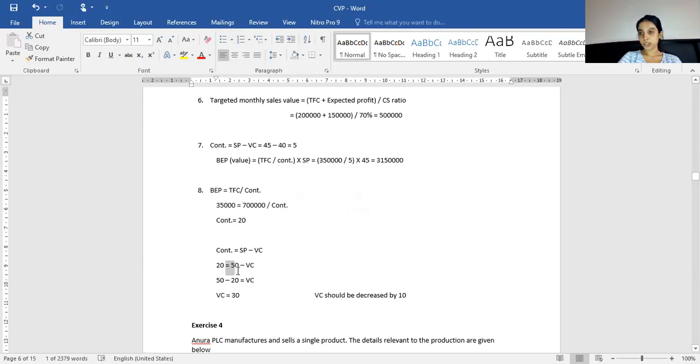Selling price will remain constant. Now we know the required contribution, 20. So the variable cost should be 30. Comparing with the original information, the original variable cost was 40. Now the variable cost is 30, so it has to be decreased by 10 rupees to maintain this level of break-even units.